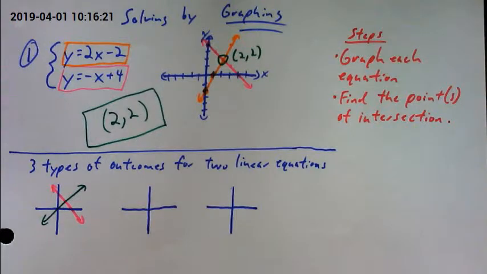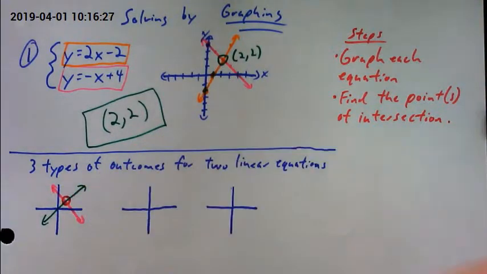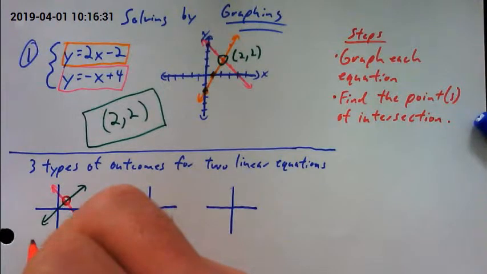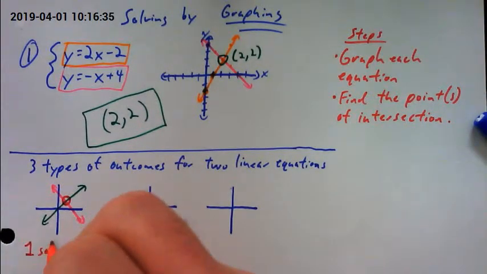And those 2 graphs intersect. So we have a point of intersection, and where those 2 graphs intersect would be our solution. So in this case, we would have one solution.